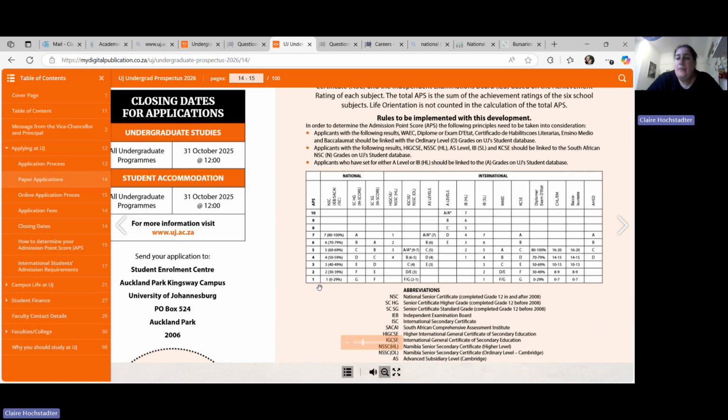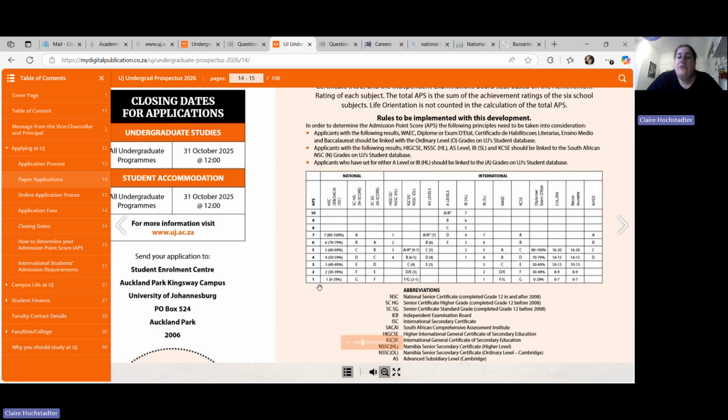So they do not discriminate on a particular subject, and they do not add points for particular marks. So every single one of your 7 subjects uses exactly the same points when it comes to UJ.